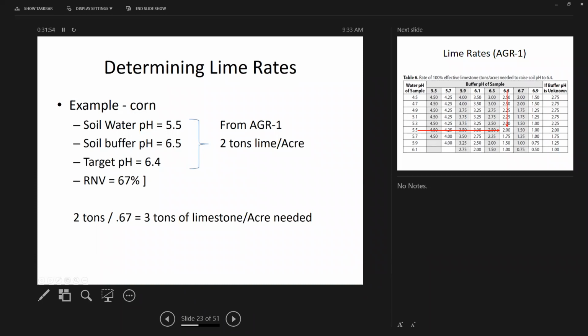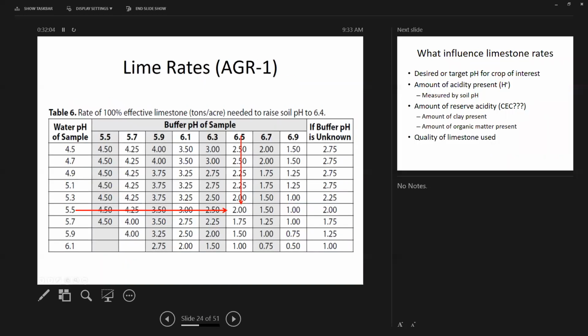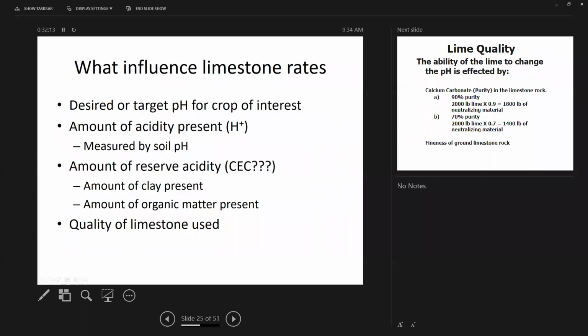So that 2-ton rate is 100% effective. What we actually have to apply using this lime is 3 tons per acre. And this is just a screenshot from AGR1, my 6.5, my 5.5, there's my 2-ton rate.